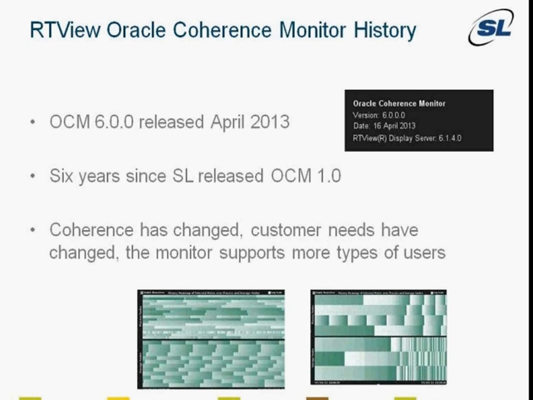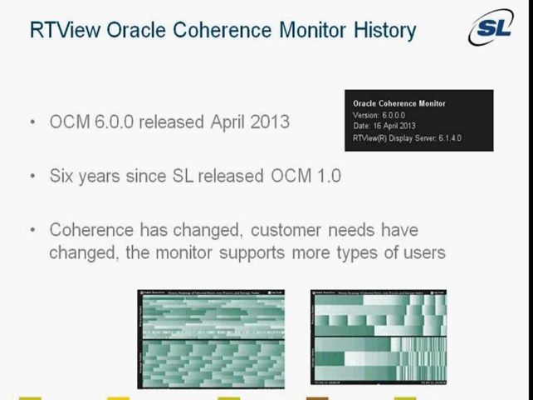Coherence was used in kind of rocket science applications, primarily trading applications at big investment banks. It was considered a part of an application, and as such was frequently monitored, deployed, installed, and the code was written by a developer, and we were working directly with developers. Frequently, operations had nothing to do with coherence.